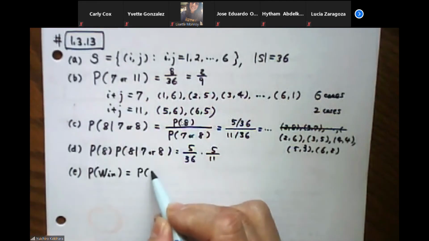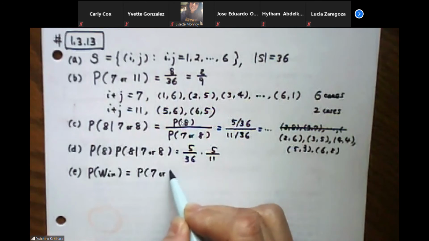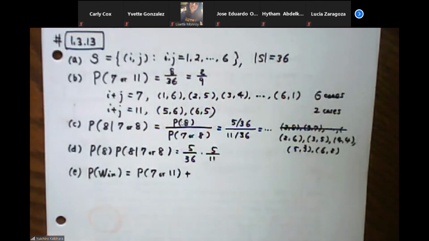Get the probabilities of 7 or 11. This is the first case, and then plus other cases. What are the other cases? 4, 5, 6, 8, 9, and 10, and then a point is given, and then you get the point before 7. That's the case.